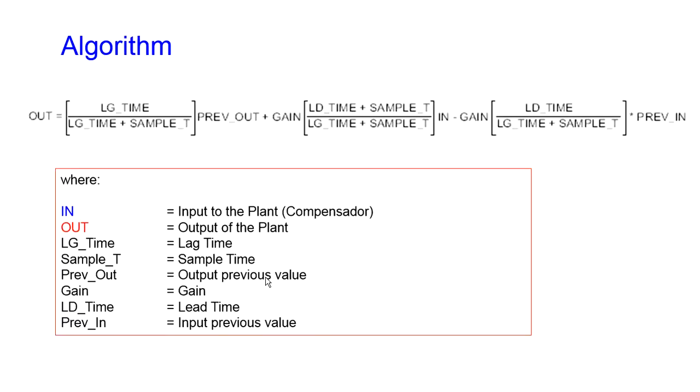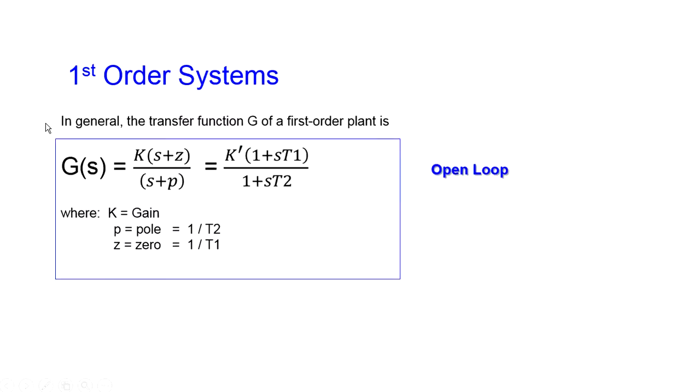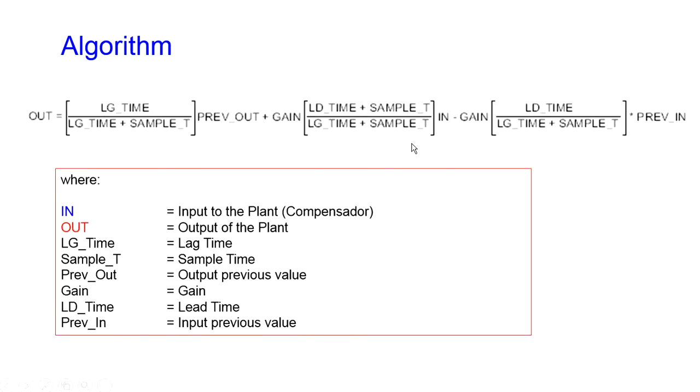For programming purposes, and this is going to be valid when we insert this equation as a model in the TIA Portal Siemens program, we have an algorithm or formula or equation that relates the output of this first order system or first order function with its input.